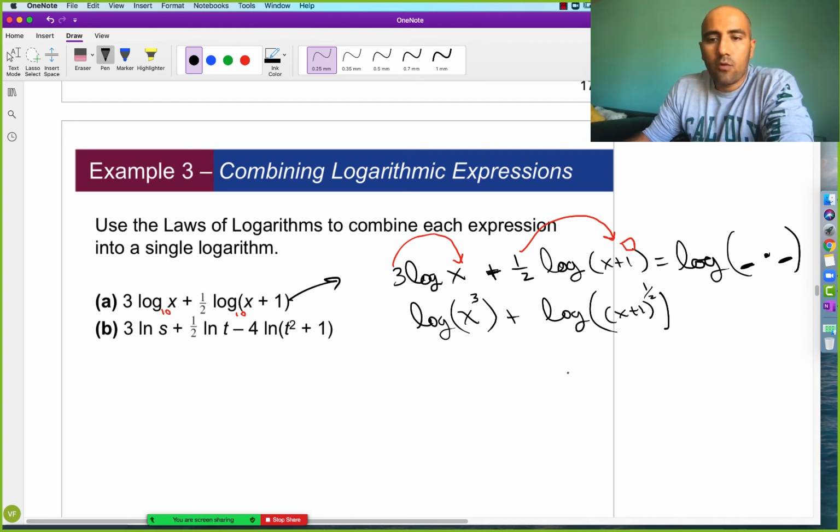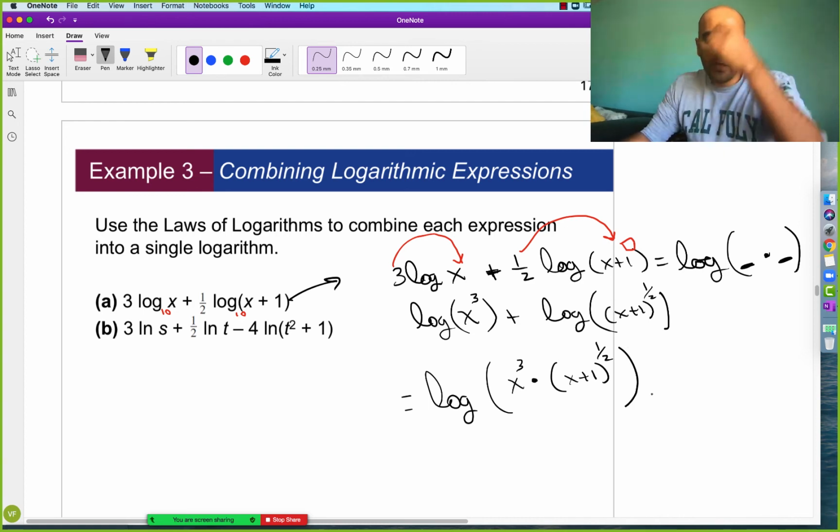Now we're ready to rewrite this as one big happy log of x to the 3rd power times x plus 1 to the 1/2 power. Any questions?